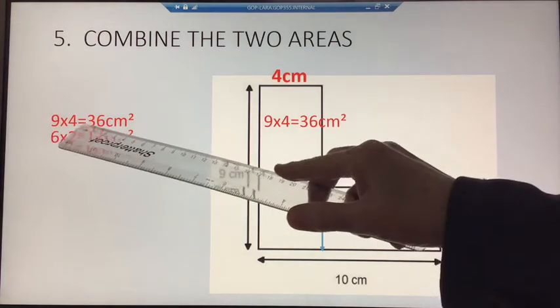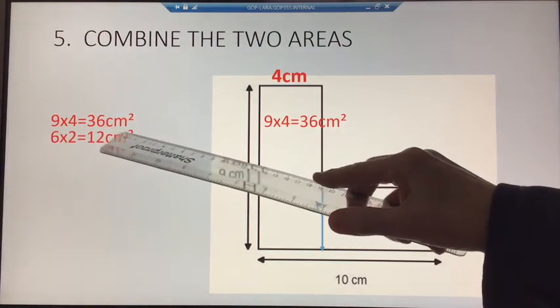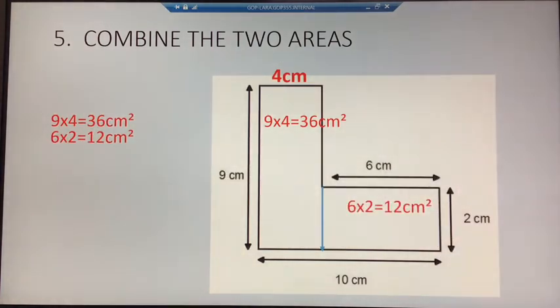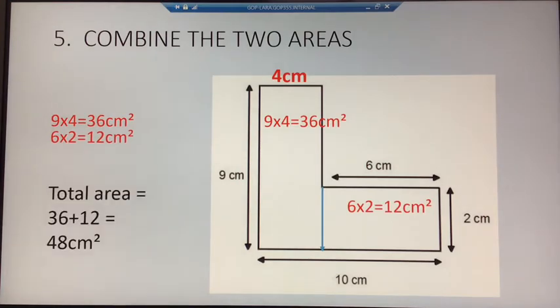So I've got 9 times 4 is 36 centimetres squared, 6 times 2 is 12 centimetres squared, 36 add 12 is 48 centimetres squared. So the total area of this compound shape is 48 centimetres squared, and we've worked it out by splitting it into 2 rectangles because we know how to find the area of rectangles.